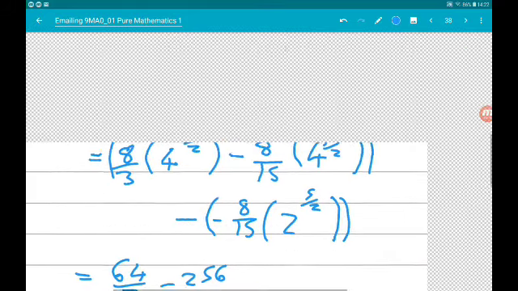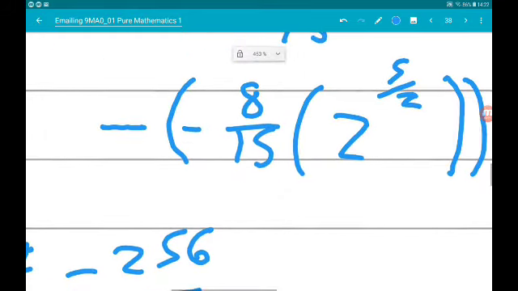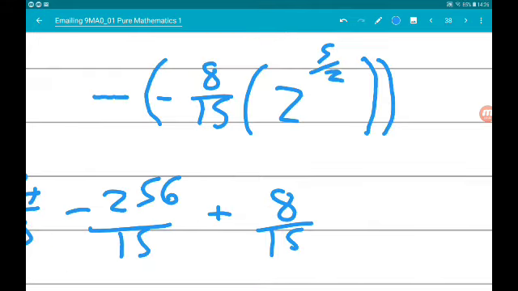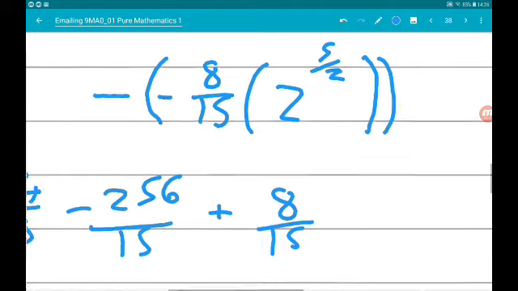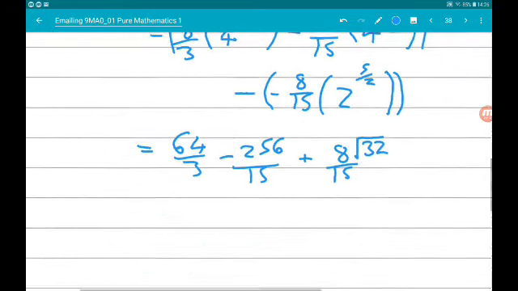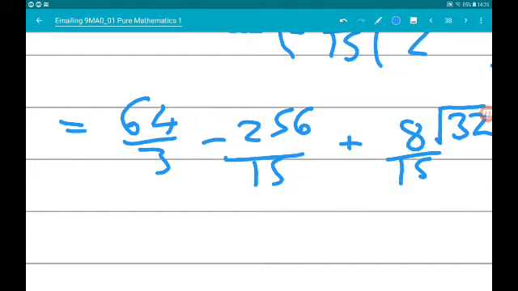And then down here we got minus a minus. So we're going to get add 8/15 root 32, since 2 to the 5 over 2 is 2 to the power of 5, which is 32 square rooted. Okay, so we've got 64 over 3 minus 256 over 15.